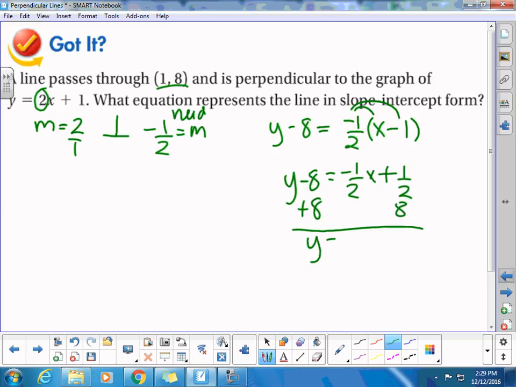You get y = negative 1/2 x + 8.5. You could have written 8.5 differently. You could have written plus 17 over 2. If you left it as a fraction, you could have written that instead of 8.5, but you should still have that same slope.